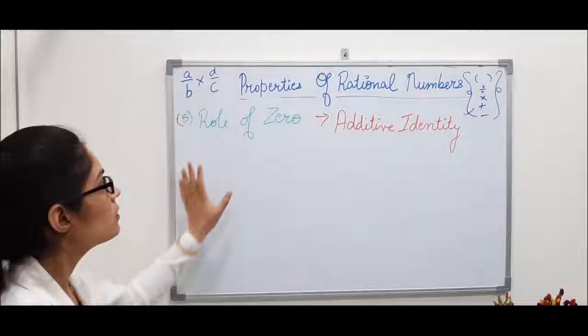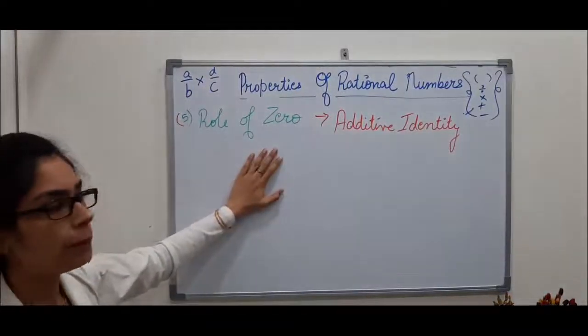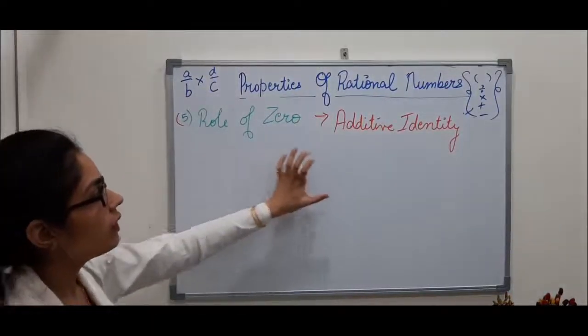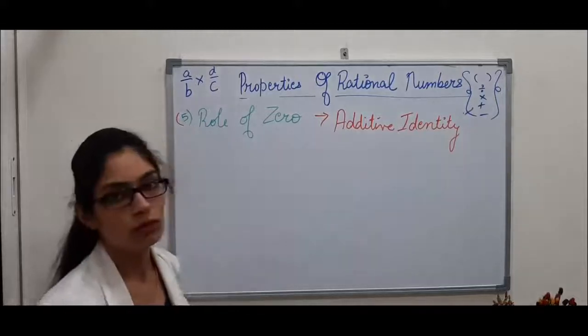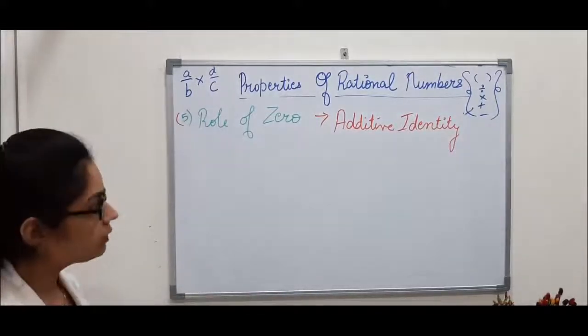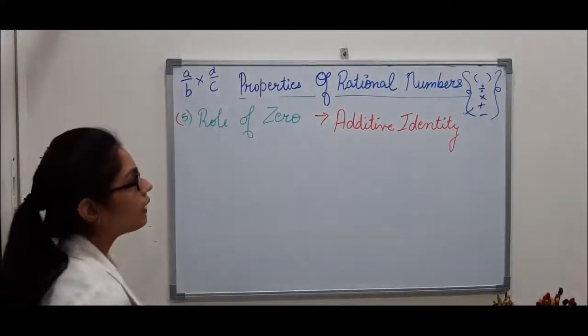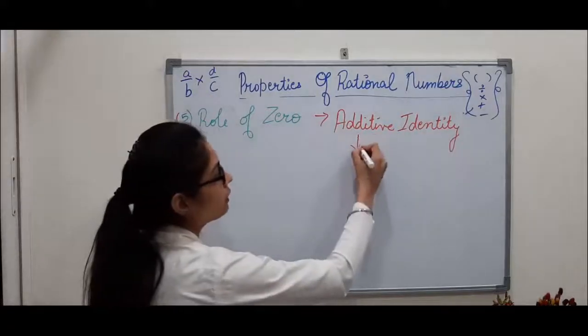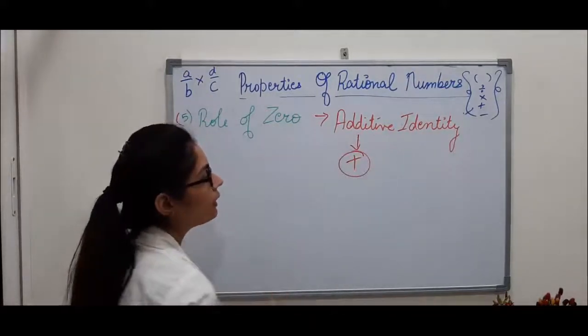The next one is the role of 0 in rational numbers. So 0 is also known as the additive identity. What does it mean? Additive means something which is related to addition.